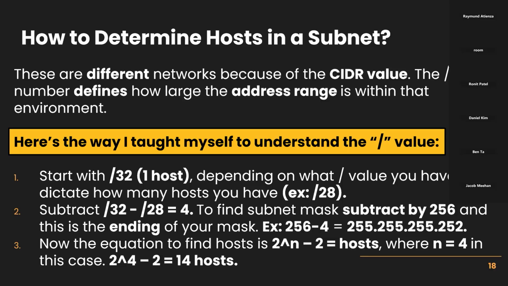That's what he was brushing on before: technically the address range would be 192.168.1.1 to 31. It wouldn't be 32, even though it technically said 2 to the power of whatever. You would almost think it's 2, 4, 8, 16, but in actuality all of those are subtracted by 2, because you can't use 2 of the addresses.